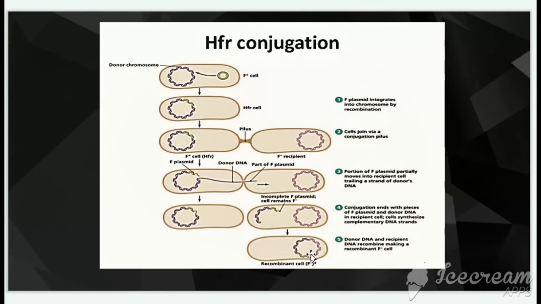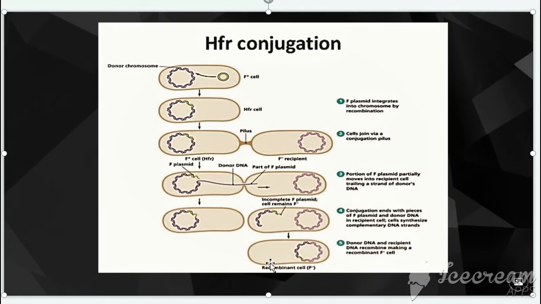Now when the part is going to detach, some part of chromosomal DNA also detaches with it, right? Whenever it is going to detach, some part of chromosomal DNA is also going to detach and form an extrachromosomal material here, just like here, form a plasmid here.